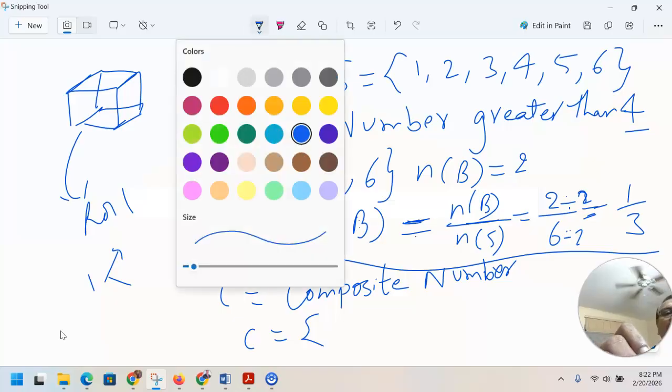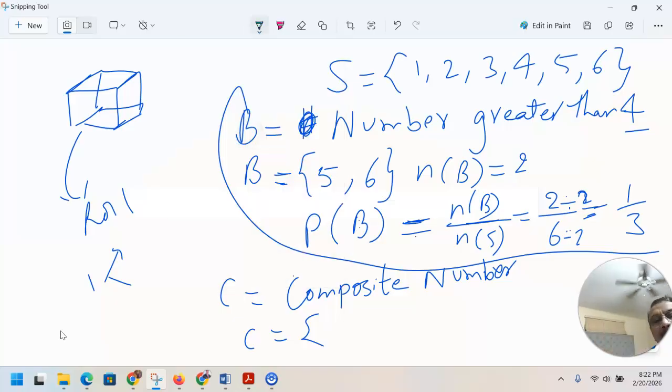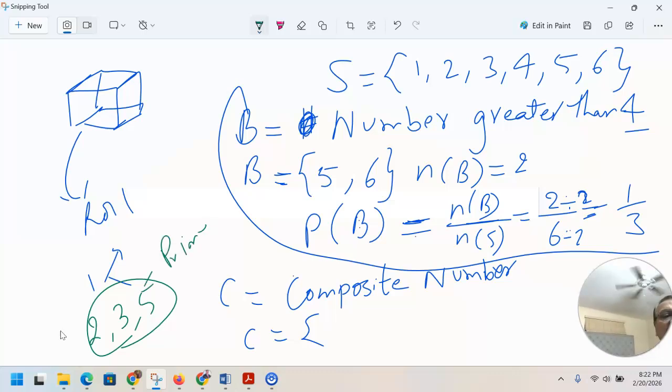What is the meaning of prime number? A number like 2, 3, or 5 is called prime because it can be divided by exactly two numbers, 1 and itself. That's how it is. But what is a composite number?